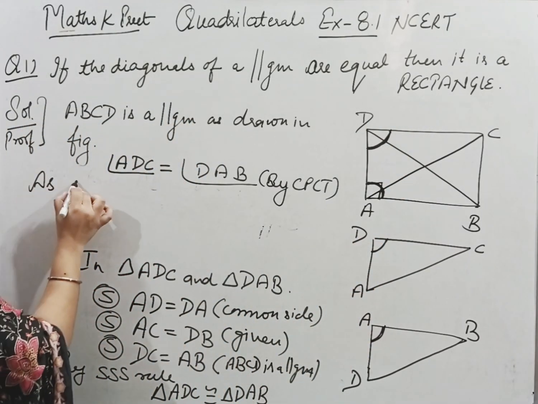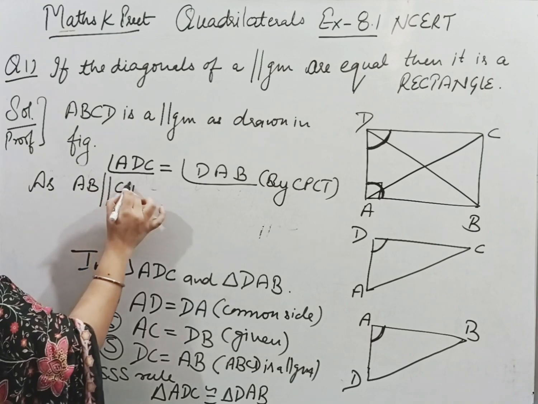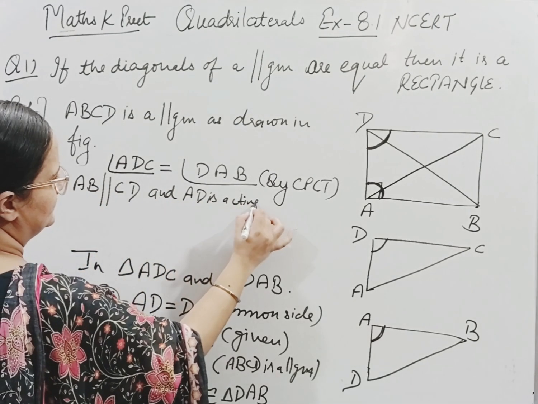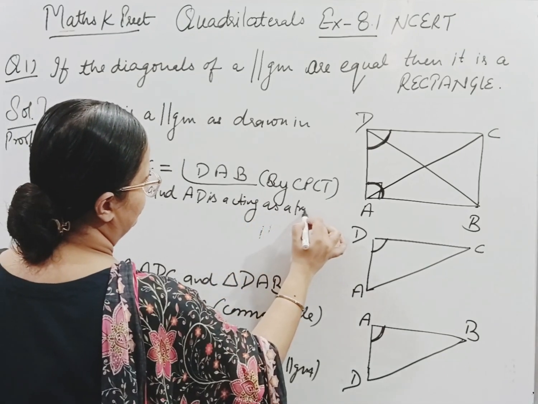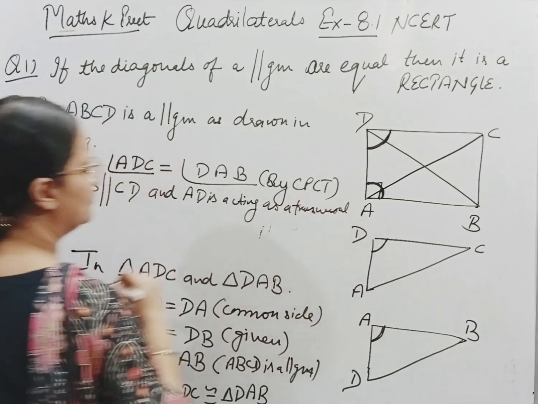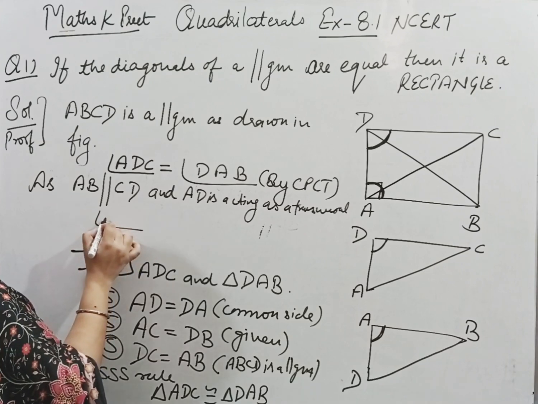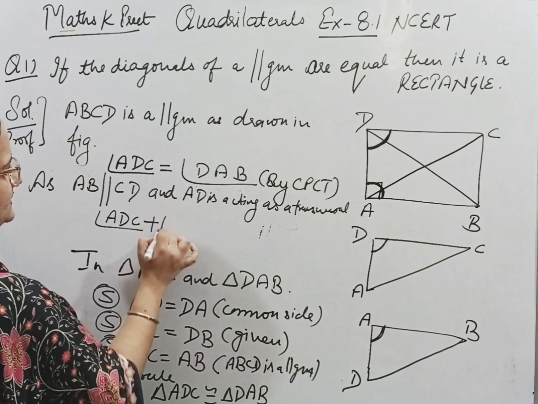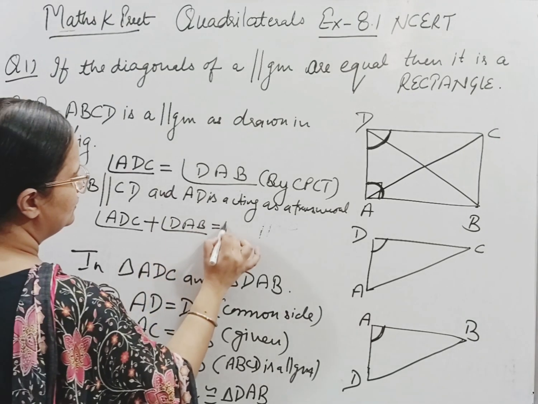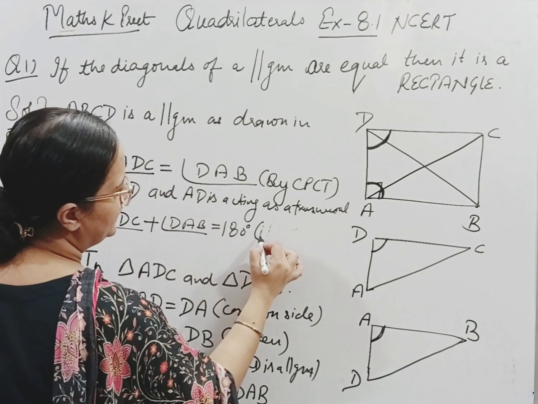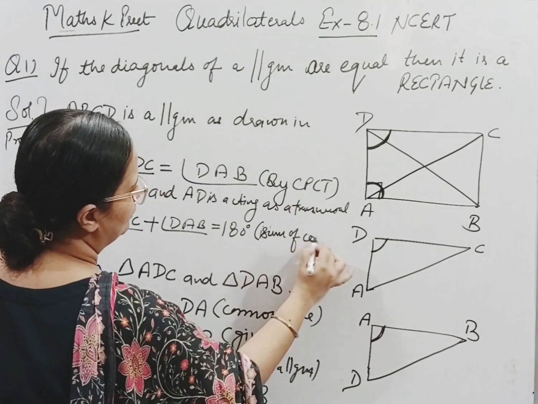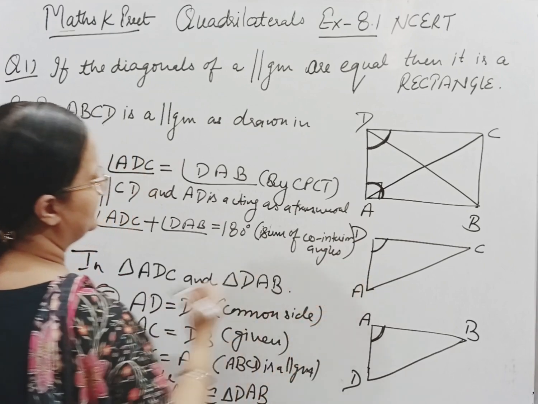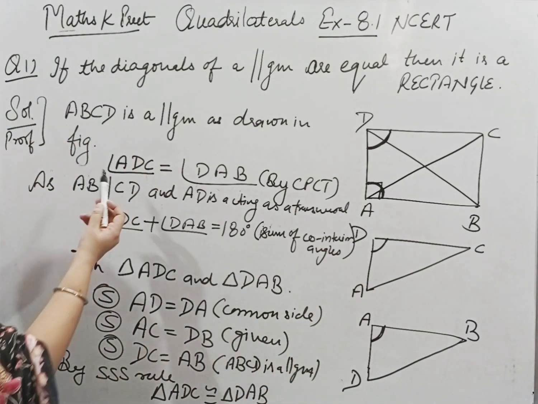As AB is parallel to CD and AD is acting as a transversal, then angle ADC plus angle DAB is equal to 180 degrees. How? The sum of co-interior angles is always 180 degrees.